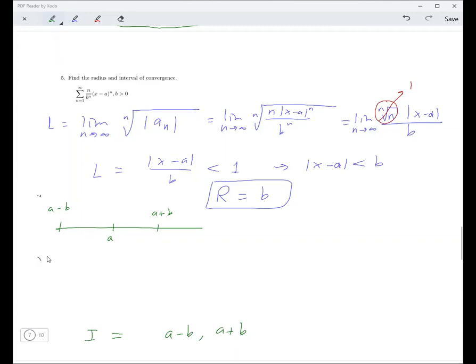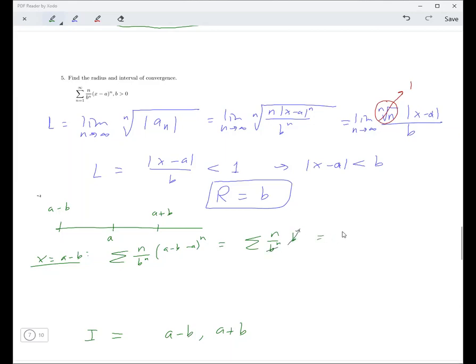First you can set x equal to a minus b. So x is a minus b, which means we have a minus b minus a to the n over b to the n.